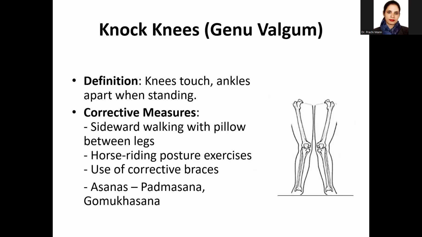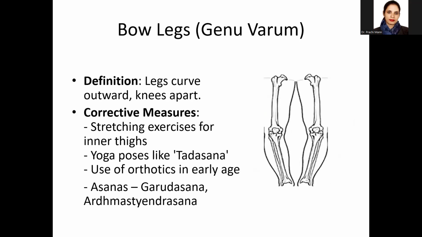Now, the next deformity is bow legs. Bow legs is also a deformity of legs in which there is a gap in between both knees. It is also known as genu varum and is a position of knees in which legs look like a bow, as shown in the figure.